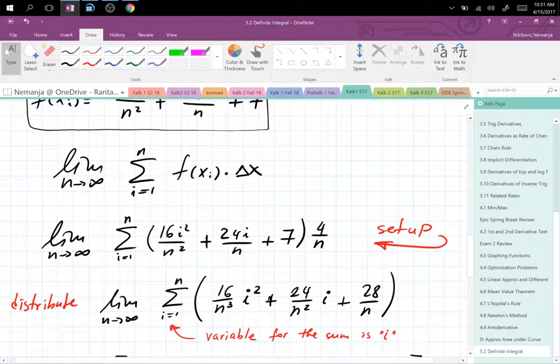So when I'm distributing 4 over n, all of this should be times 4, right? So I did 28, but I didn't do 24 times 4, and I didn't do 16 times 4. Do you see that? So what's 16 times 4? 64. And what's 24 times 4?